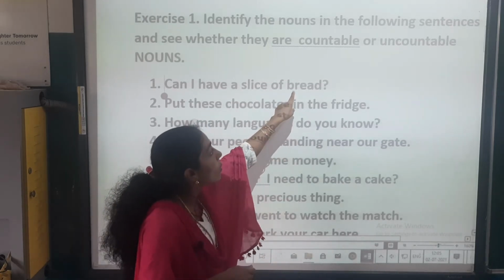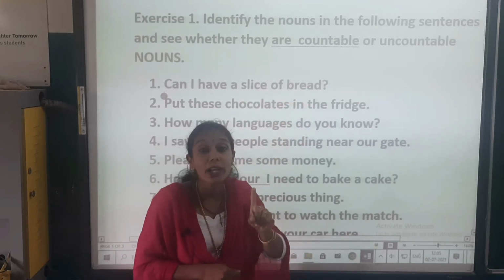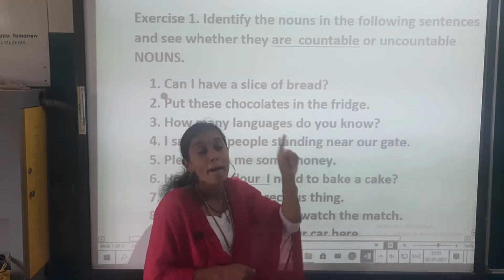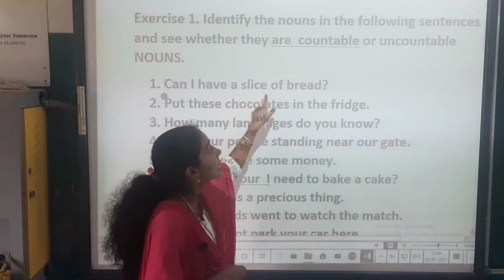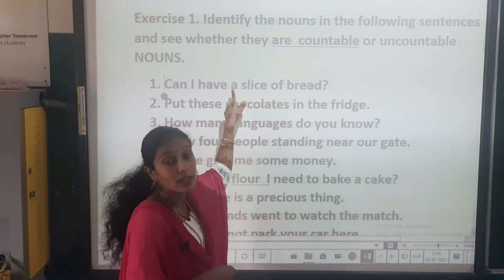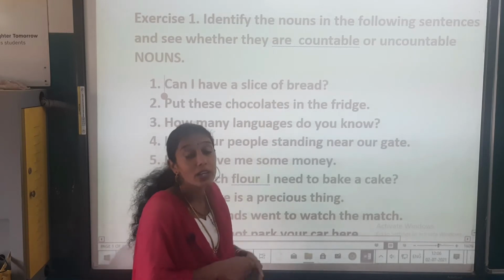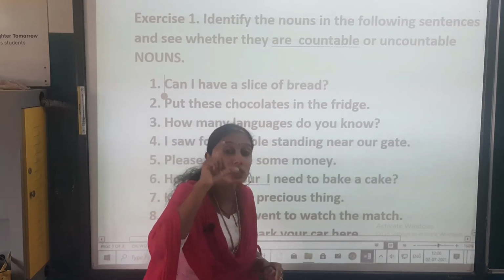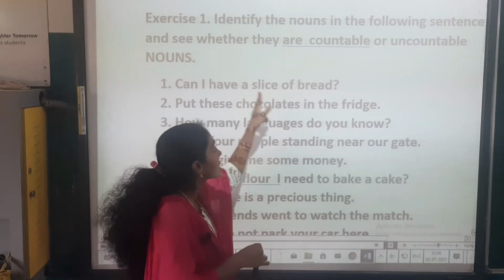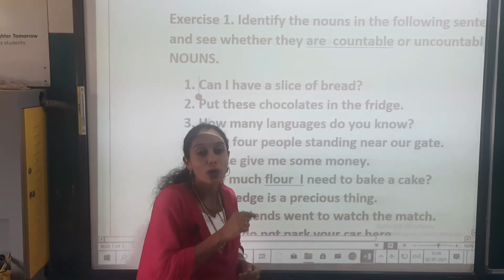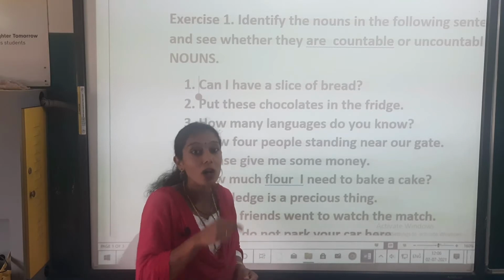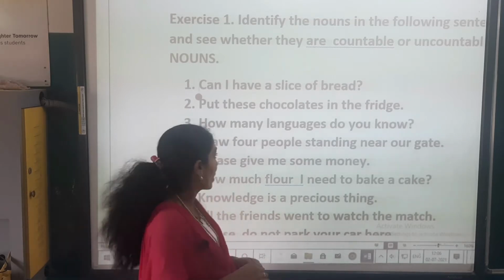So here the noun is bread, but bread is an uncountable noun. Due to the expression used, a slice of bread, that particular a slice of bread will be uncountable. So you write in the table given below, a slice of bread.